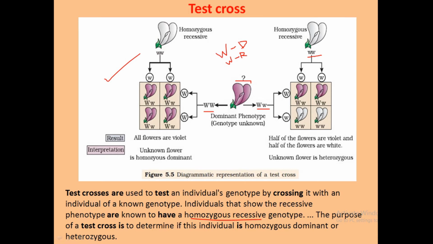If after crossing we get half of the flowers violet and half of the flowers white, then we can say that the genotype of this plant is capital W small w. But if we get all the flowers violet, then we can conclude that it is capital W capital W and it is homozygous dominant. Now let's move on to the next slide.